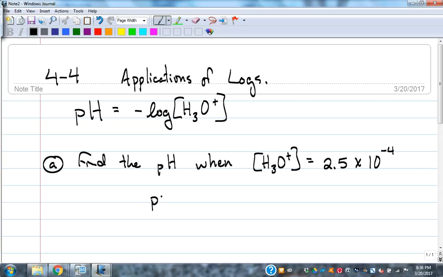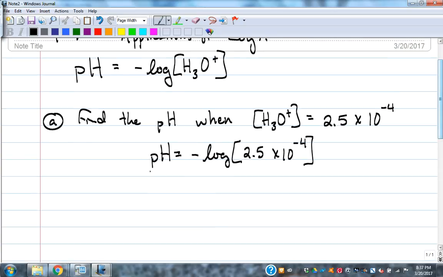So pH is equal to the negative log of that number. This is one of those easy evaluate-with-the-calculator problems, and we're going to approximate that to a pH level.